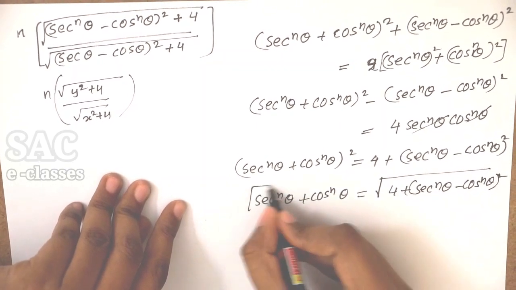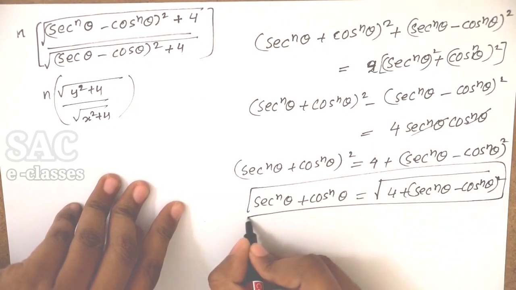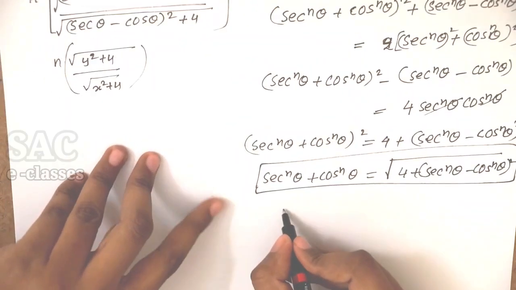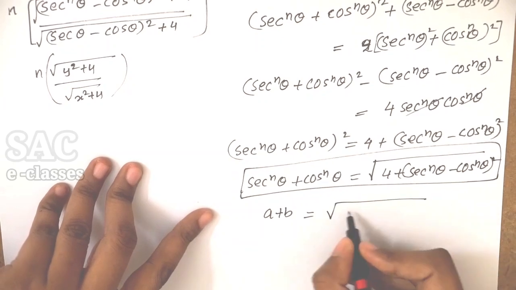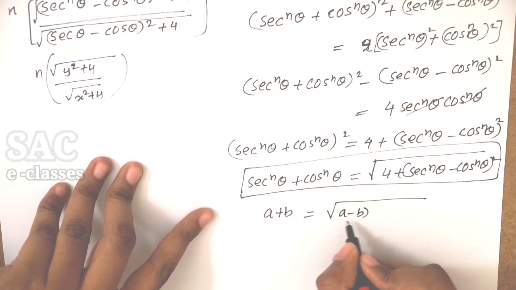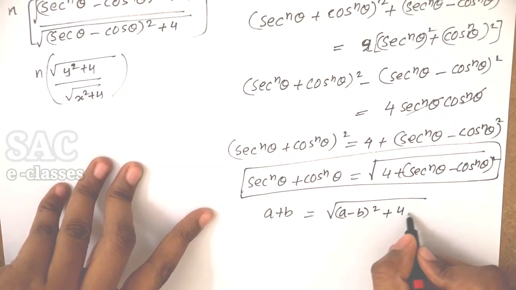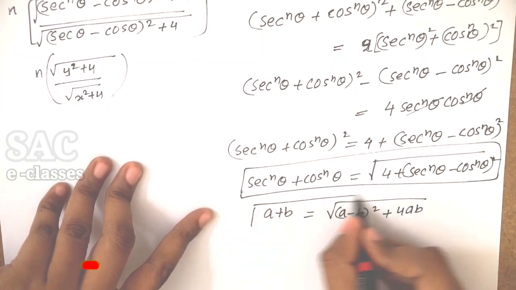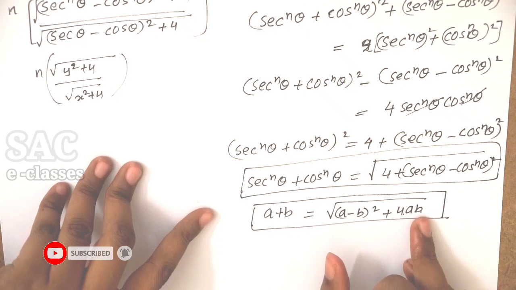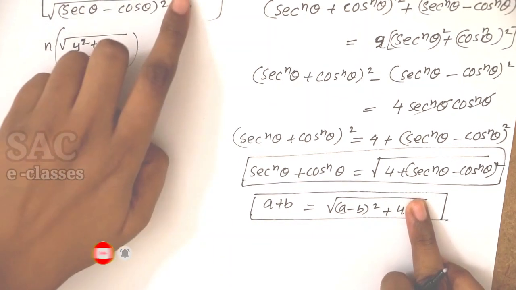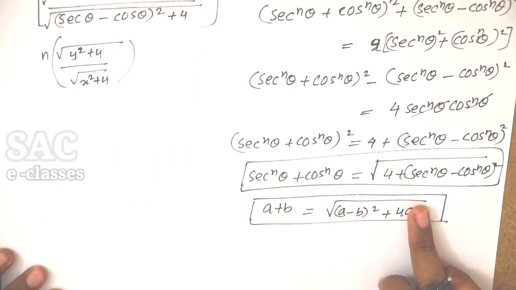We got the required one. In that way I expressed it by using the formula a plus b is equal to root over a minus b whole square plus 4ab. In this a and b are reciprocal to each other, that's why just 4. In that way we got the answer.